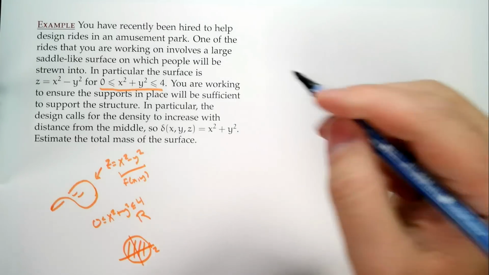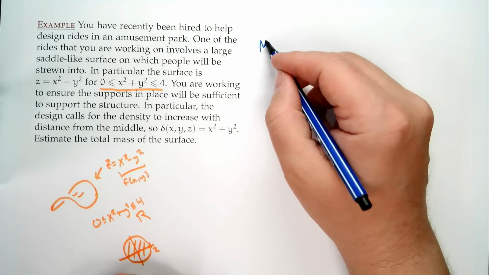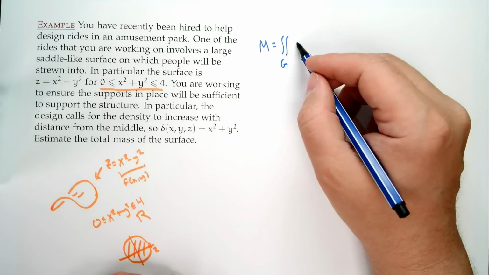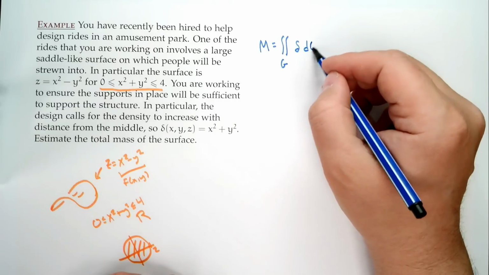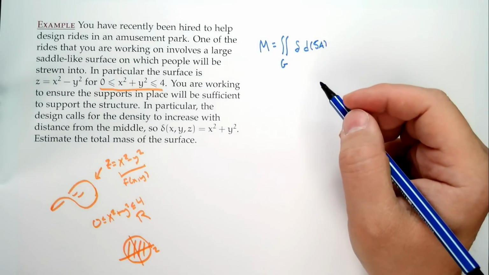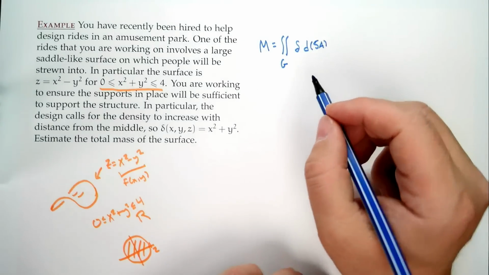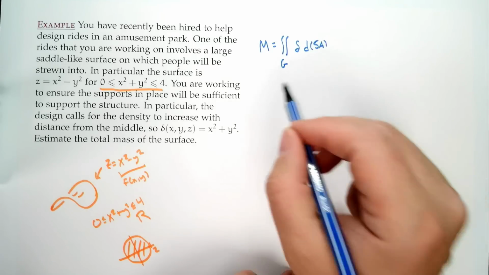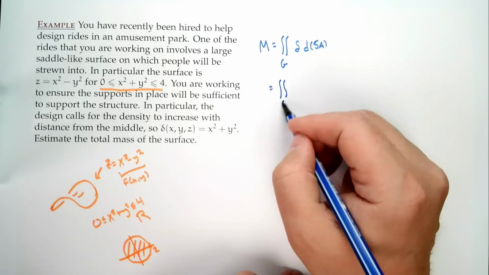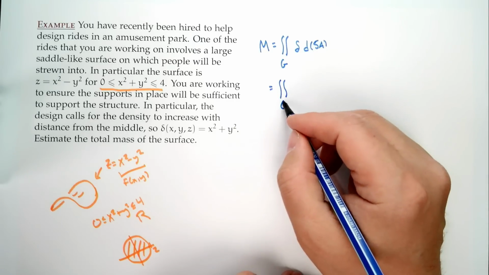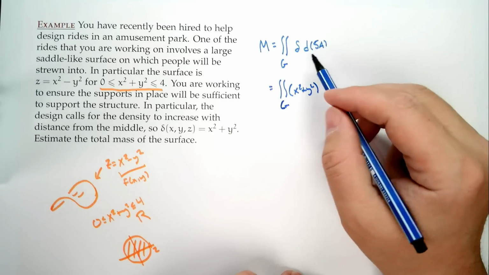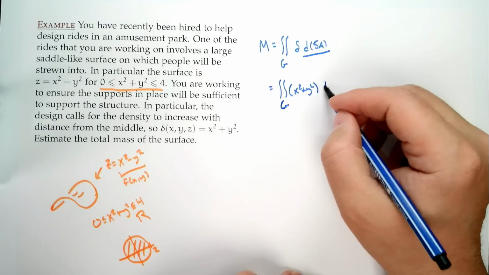Okay, so what do we need? Well, the mass is going to be the integral over our surface of our density dSA. Okay, so how do we compute this? Well, we need to get a handle on what is dSA. So this is the integral over our surface, density x squared plus y squared. And dSA, what is that?